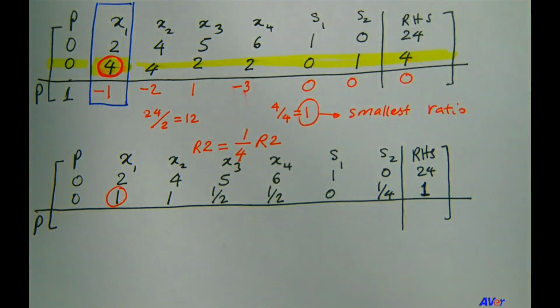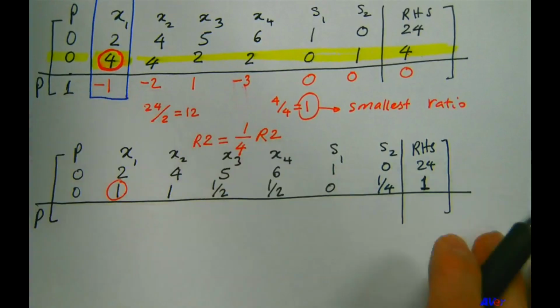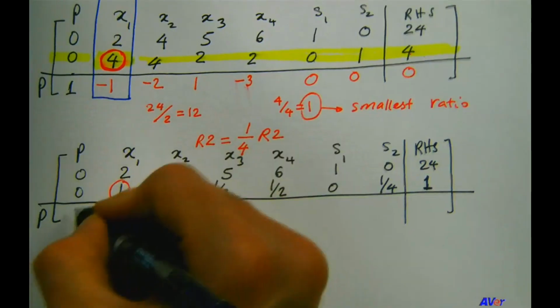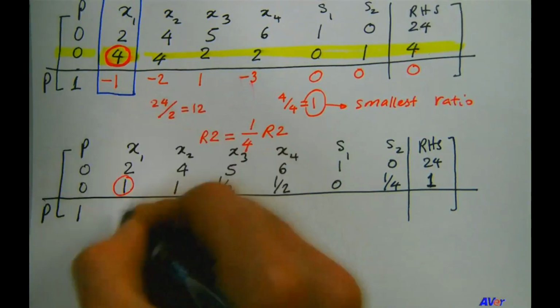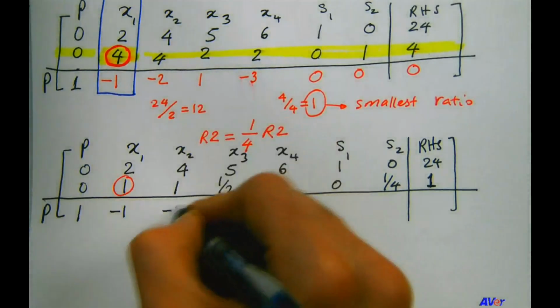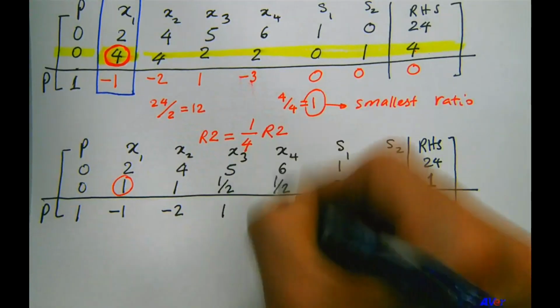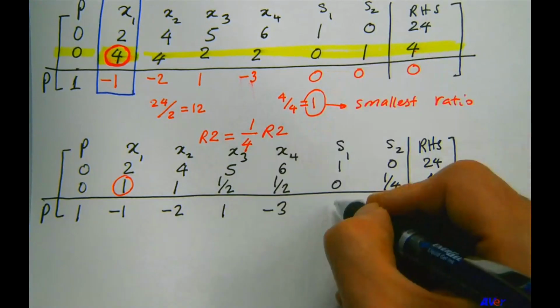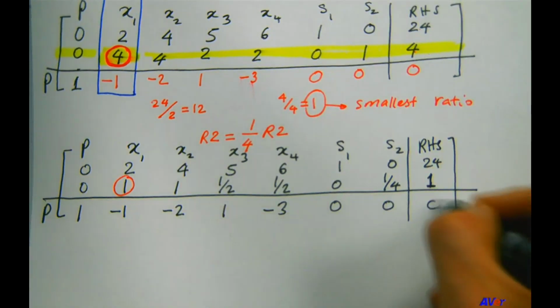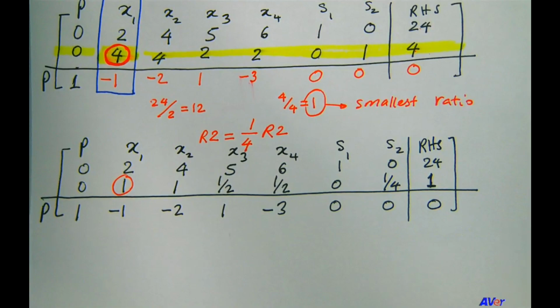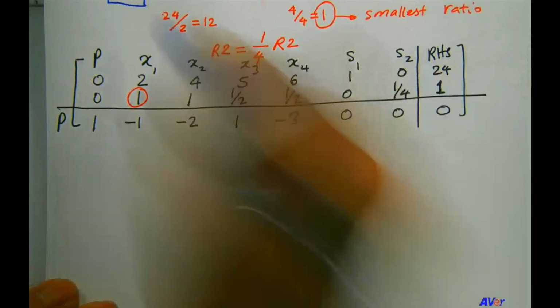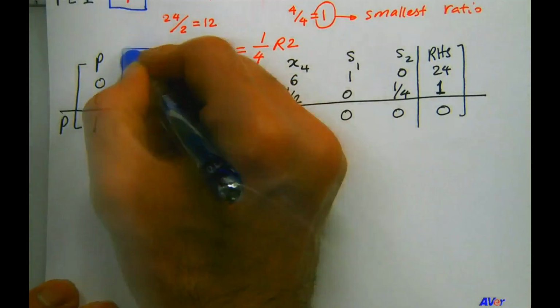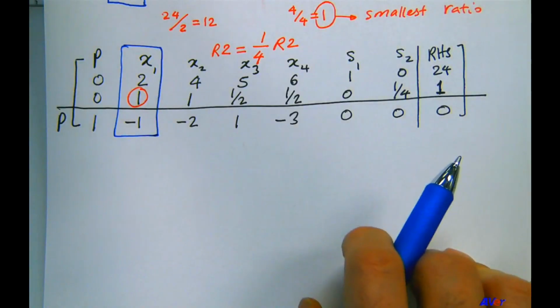Okay. So now, the third row, let me write that down as it is. 1, negative 1, negative 2, 1, negative 3, 0, 0, and 0. Okay, and this is our pivot column, that one, right?